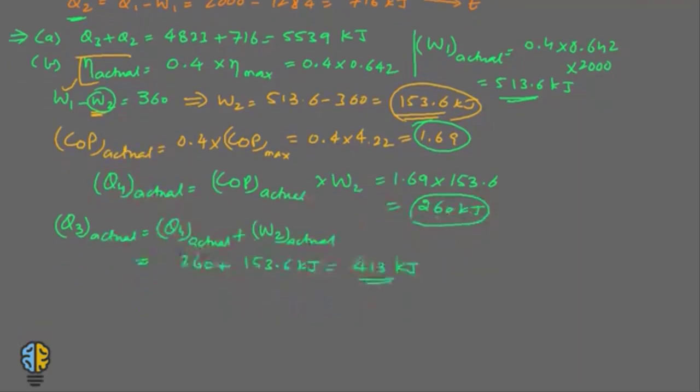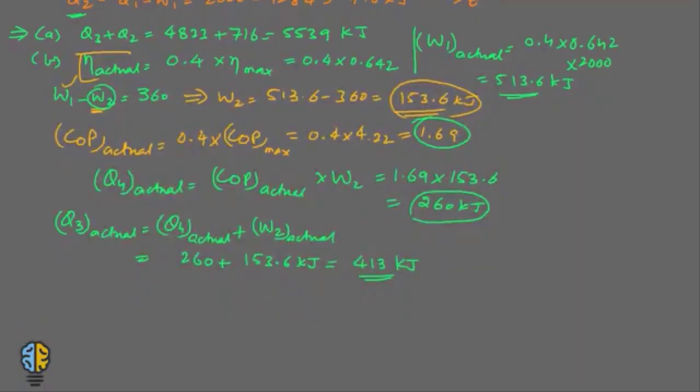Now we know the amount of heat being rejected by the refrigerator into the reservoir at 40 degrees Celsius, and now I can find the actual heat rejection from the heat engine, that is Q1 minus W1 actual. This would be equal to 2000 minus the actual work done, 513.6, which is equal to 1486.4 kilojoules.